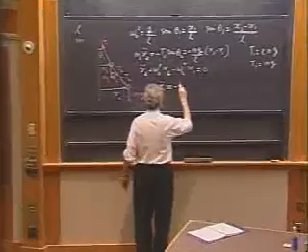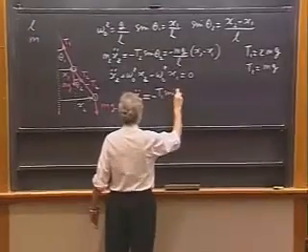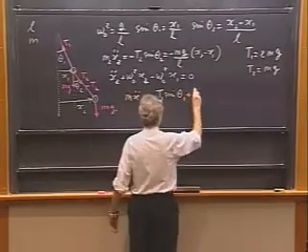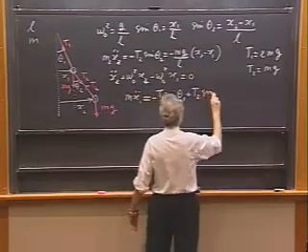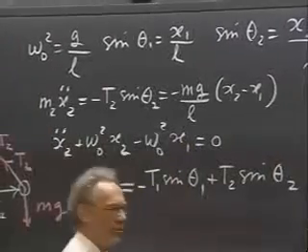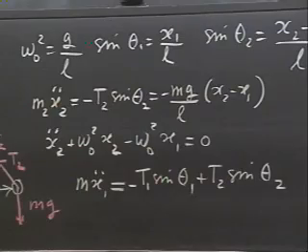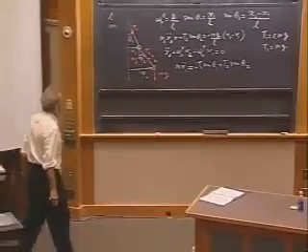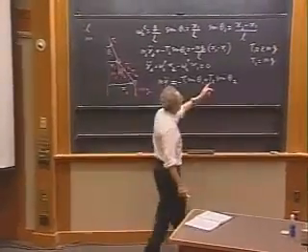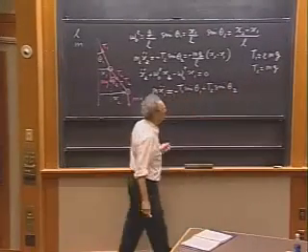So you get minus T1 times the sine of theta 1 plus T2 times the sine of theta 2. And so I'm going to substitute in there now the signs, and I'm going to substitute in there T1 equals 2 mg and T2 equals mg.